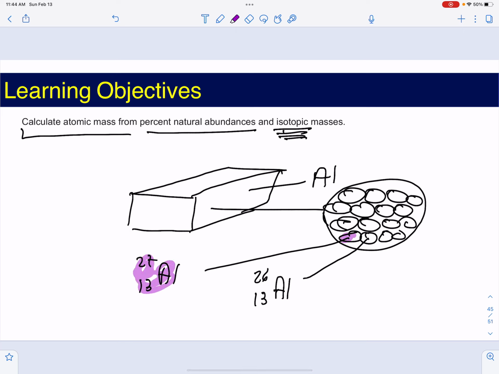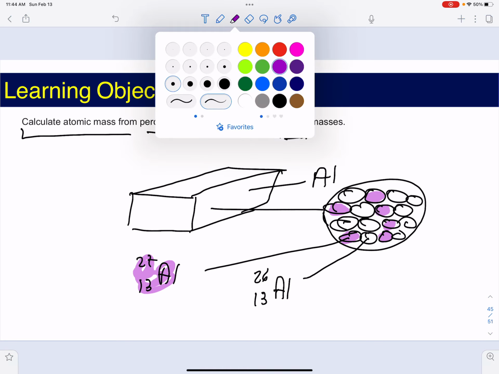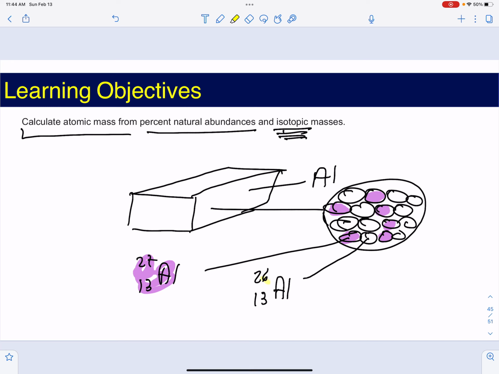So if we consider that it's even all over the block of aluminum, let's say my aluminum 27 is going to be 1, 2, 3, 4, 5, and 6. My aluminum 26 is going to be 1, 2, 3, 4, 5, and 6. And then I have another aluminum, another isotope, which I'm just going to say is 28, right?